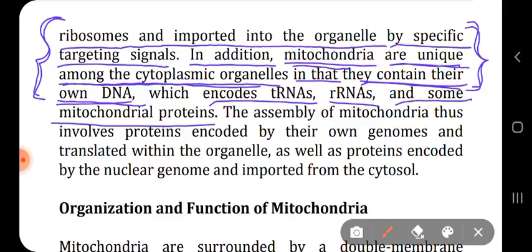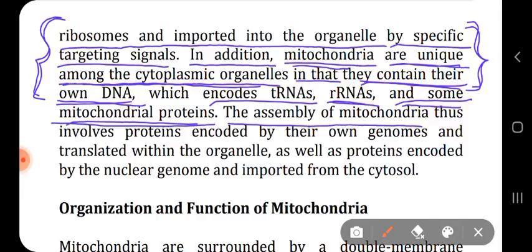The tRNA is needed to transfer specific amino acids for translation, and the rRNA is involved in formation of ribosomes.